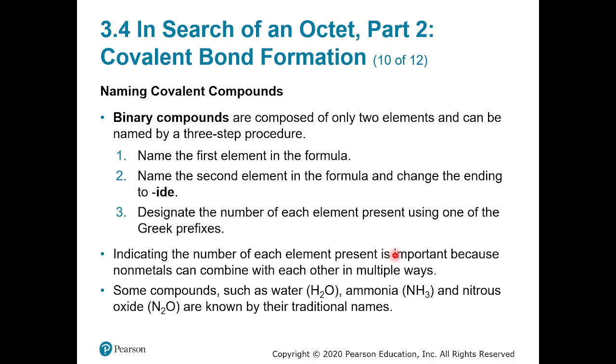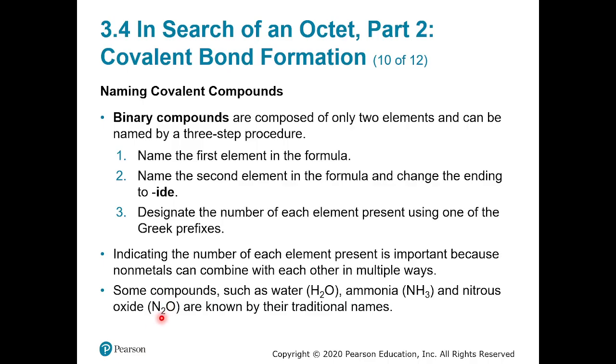For example, we have here H2O, that's water, right? This is somewhat of an exception to the rule because their traditional names are so ubiquitous that even though there is an official naming method for it, people don't use it. They just use water, right? H2O. Ammonia is another example. That's NH3.